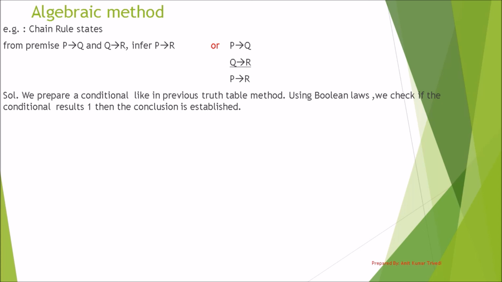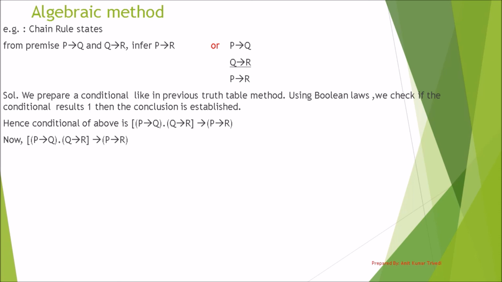Now according to this question the conditional will be like this, as two premises are there, P implies Q and Q implies R. So their conjunction is the antecedent and the inferred conclusion is the consequent. Now we start proving. So first we use conditional elimination.